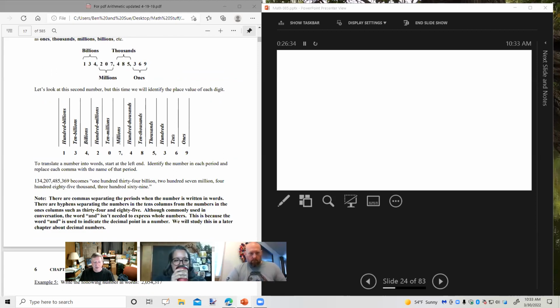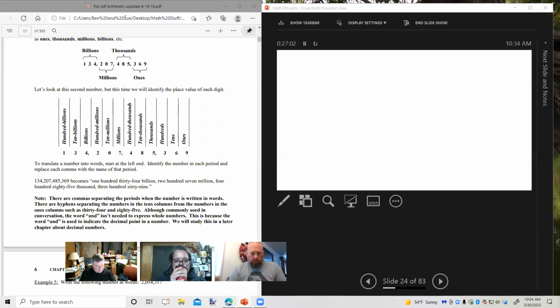You can see there's a pattern there. I want to point out that these all end with an S. The reason I mention that is that in a little bit we're going to go to decimal numbers, and when we go to the right of the ones column, the names will end in THS, like tenths, hundredths, thousandths, but we'll talk about that in a bit. Any questions about this before we proceed?